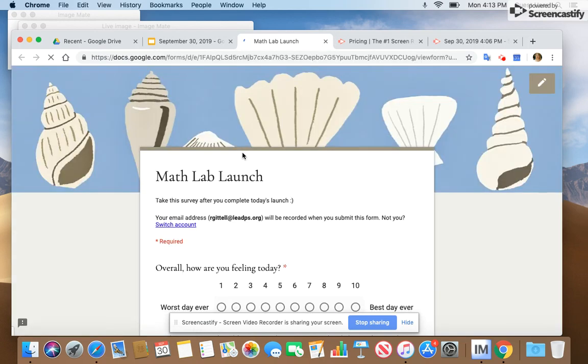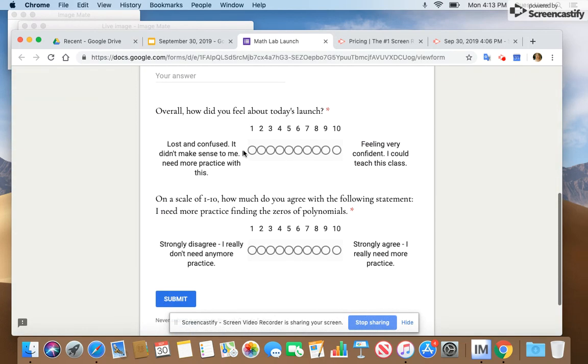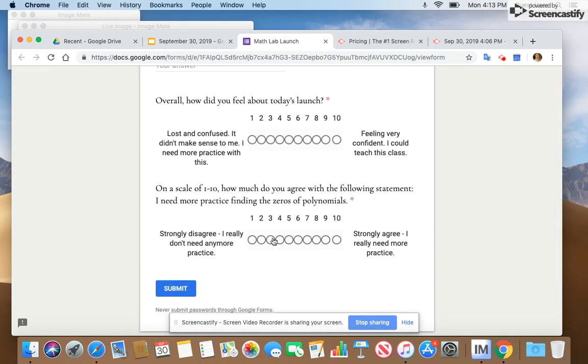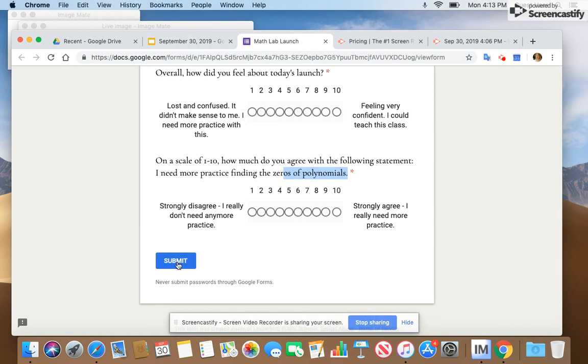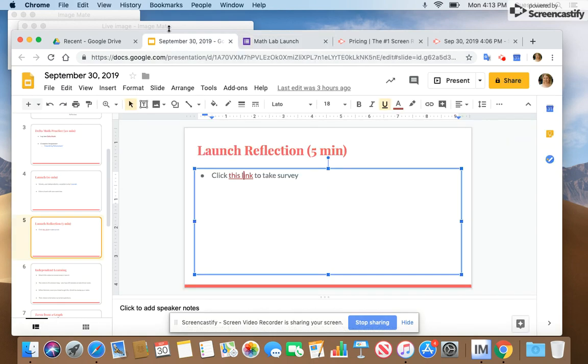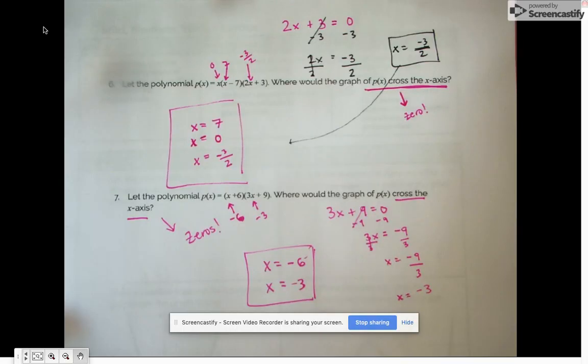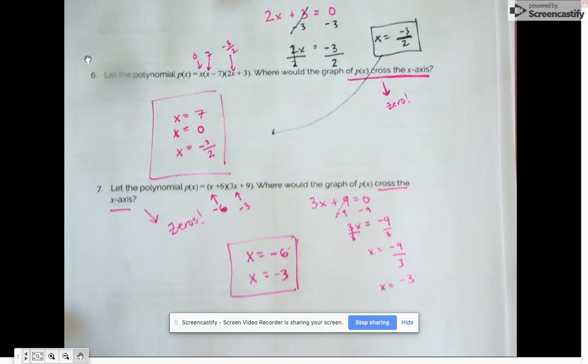It's going to ask you how you're feeling about this objective. If you feel like you need more practice finding the zeros of polynomials, this is really helpful for you to know. So go ahead, take this survey, submit it. Once you submit it, I'm going to have you come back to this handout.